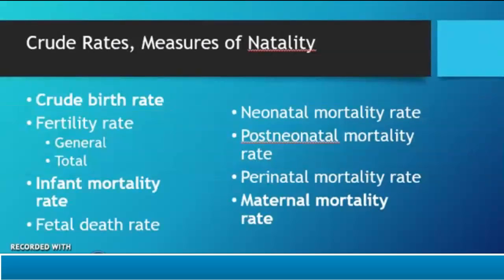So some examples of crude rates are as follows. There's crude birth rate and fertility rate, general fertility rate, infant mortality rate, fetal death rate, neonatal mortality rate, maternal mortality rate.